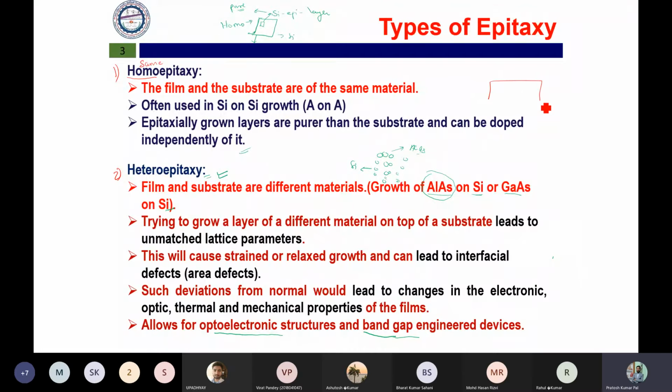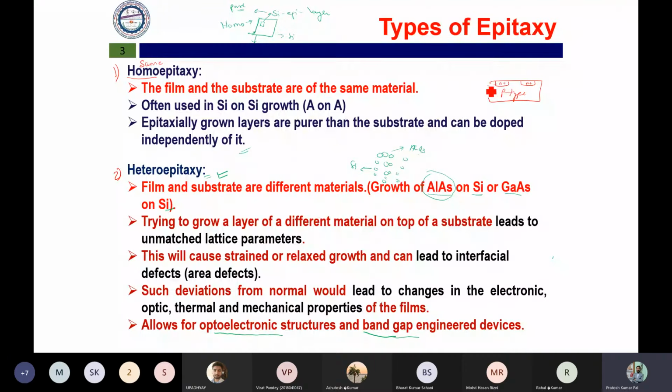Suppose p type is there and we are depositing an n plus n type layer. These layers will be of silicon itself, and the p type is also silicon, so the same material is used in both layer depositions.